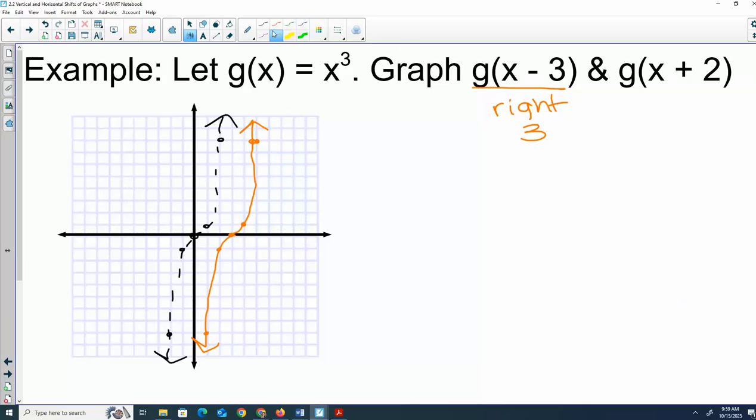What would g of x plus 2 do? So it takes that original and moves it left 2. I'm just doing them all in the same grid here. Mine are color coded.